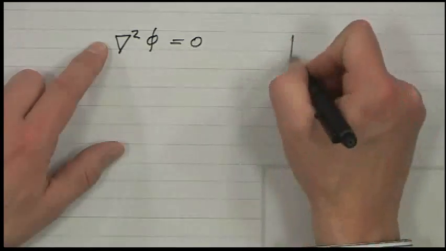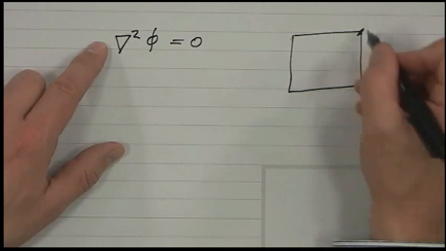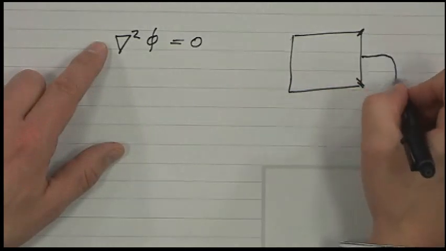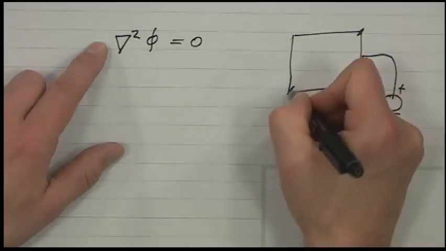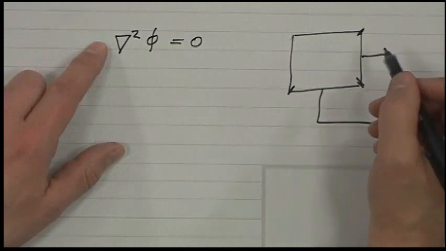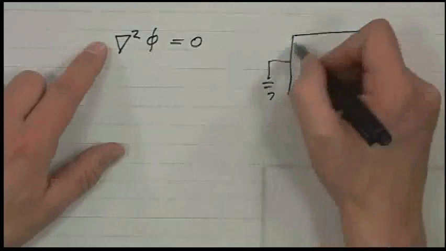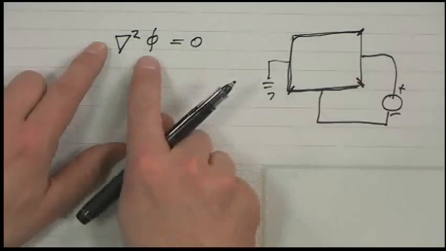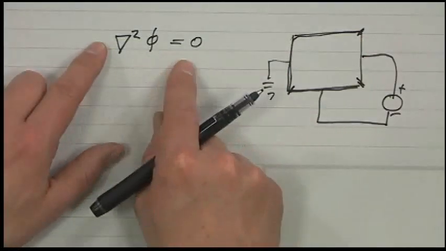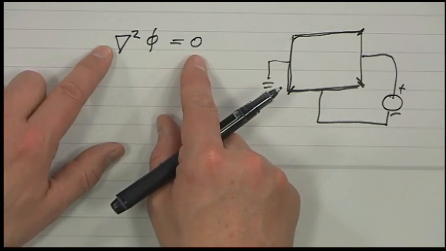If you have a metal box with voltages applied, and you put an insulator here, otherwise it would short out, and maybe you ground this, then the electric field in here is solved by solving that equation, which is more or less the same equation you use for solving a thin membrane problem, like a bubble pulled across a surface. It's similar to the equation for the deflection of a rubber band with a force.